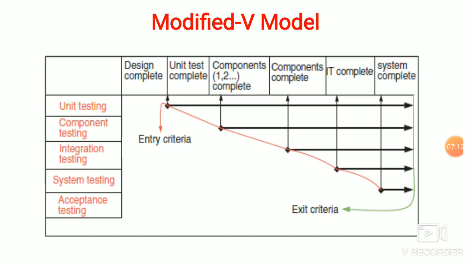In this diagram, notice that different phases of testing are done in parallel. While starting a phase of testing, it is important to look at whether the product is ready for testing, determined by a set of entry criteria.